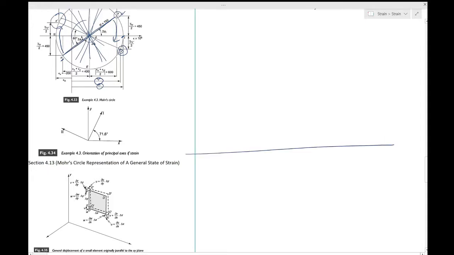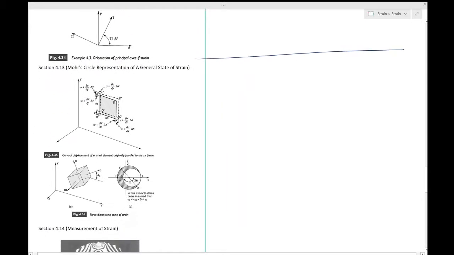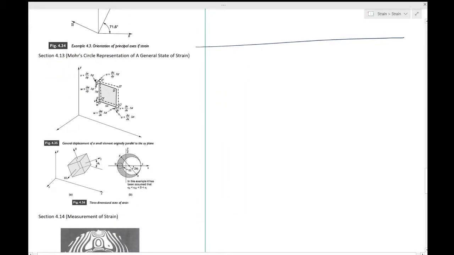So that's where we have this, and we will also briefly discuss this just like we had discussed it for the general state of stress. We would also do this for the general state of strain. You would again have three circles like this one, as it was in the previous case.